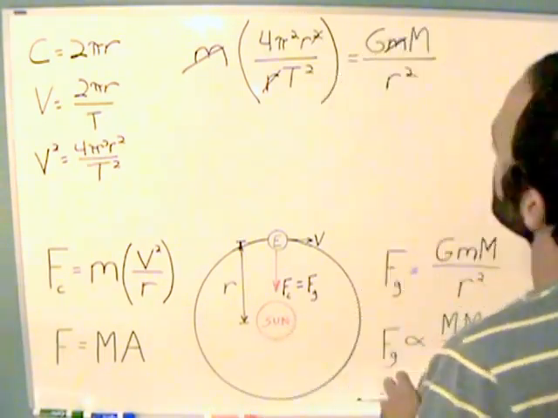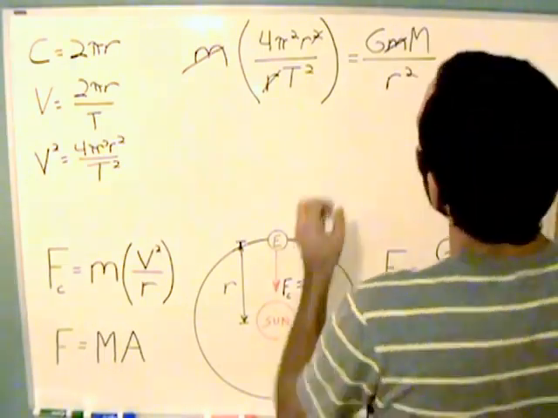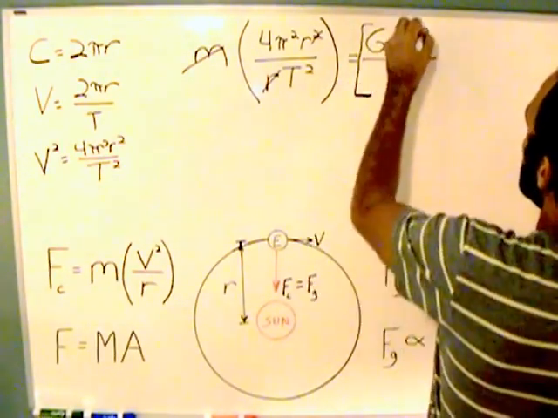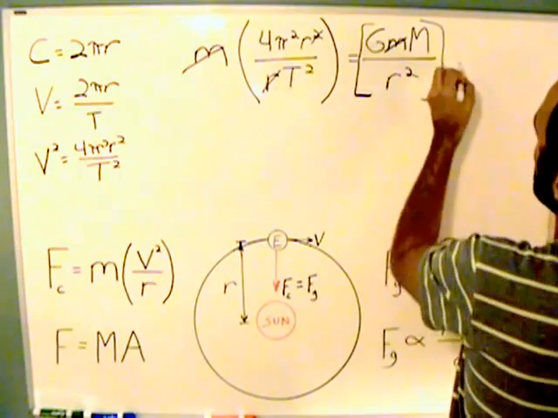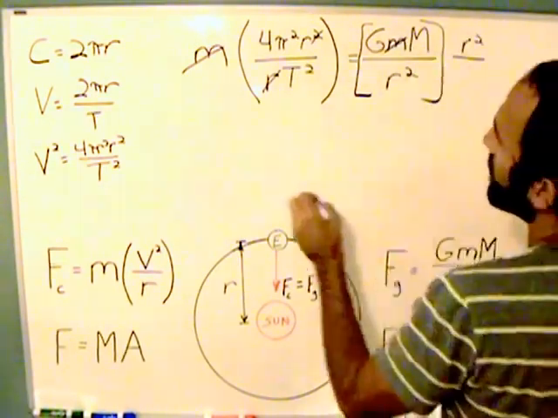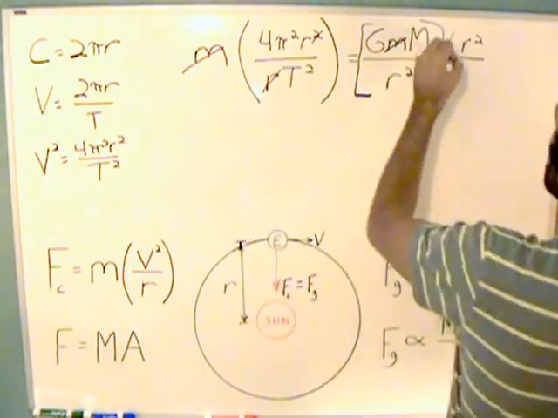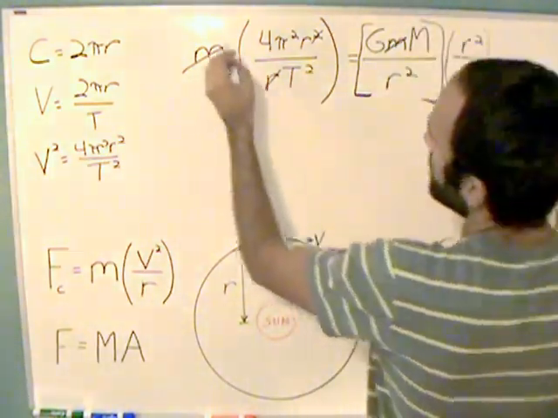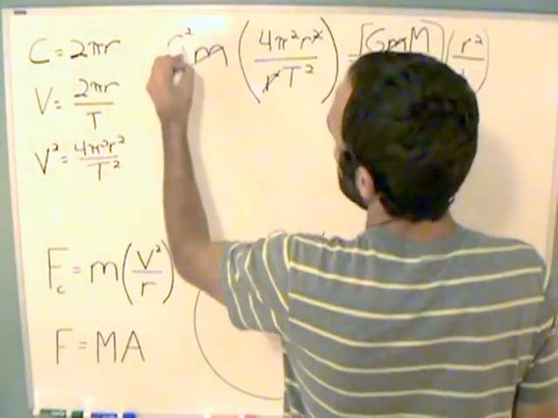So to get r by itself, we multiply this side times r squared over 1, and this side times r squared over 1.